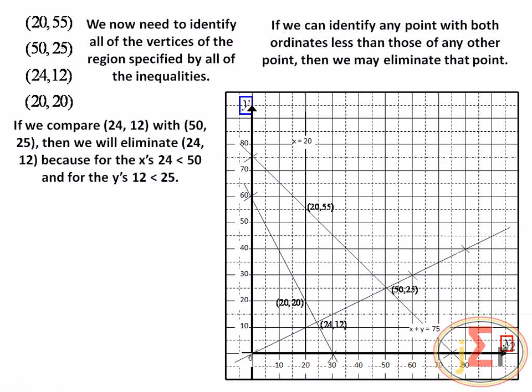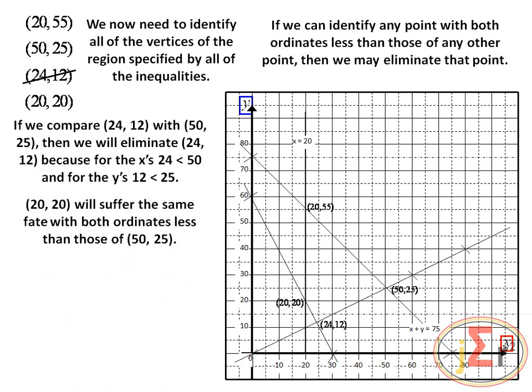Will not be able to contribute the optimal values, so that point is out. 20, 20 will suffer the same fate with both ordinates less than those of 50, 25. So of course this one is automatically out also. 50, 20 and 25, 20: these two are less than these two, so that point is out.